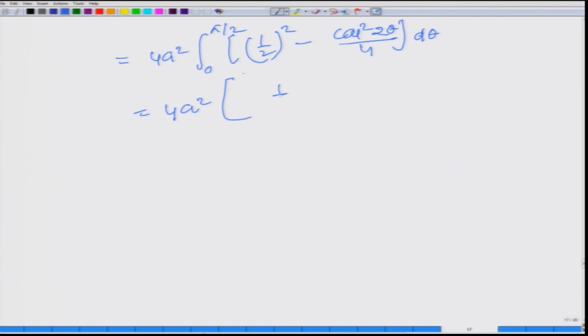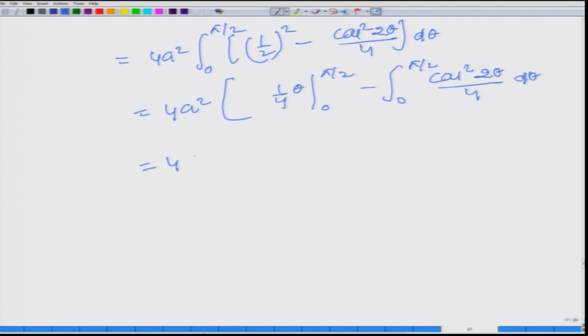So, this will be 4 a to the power 4 times, after integration, 1 by 4 into theta with limit 0 to pi by 2, minus integration 0 to pi by 2 of cos square 2 theta by 4 d theta.